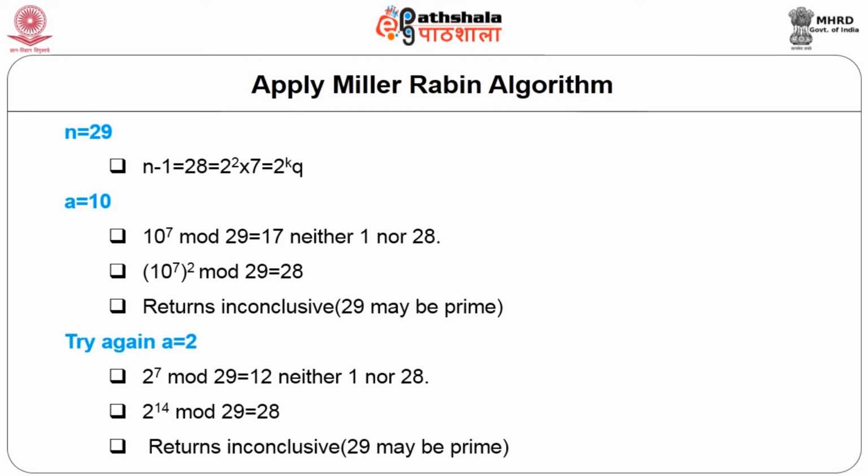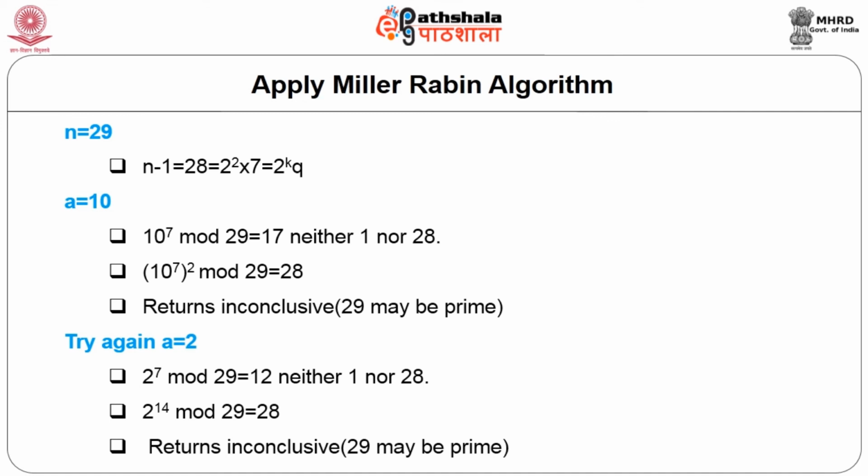Now we go into the loop of steps 4 and 5, starting with j equal to 0. First we do a raised to 2q, so 10 raised to 7, squared. Perform the modulo 29 operation.